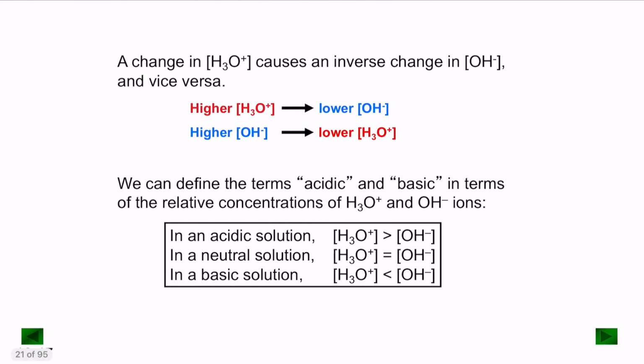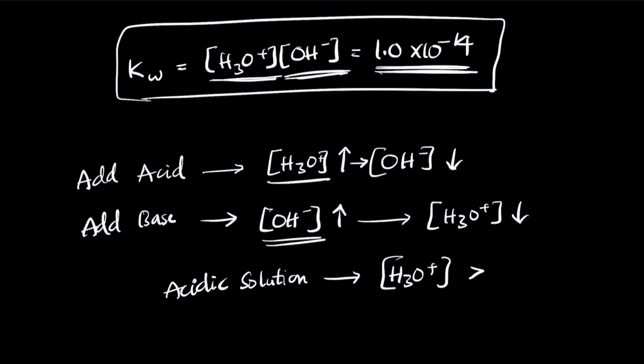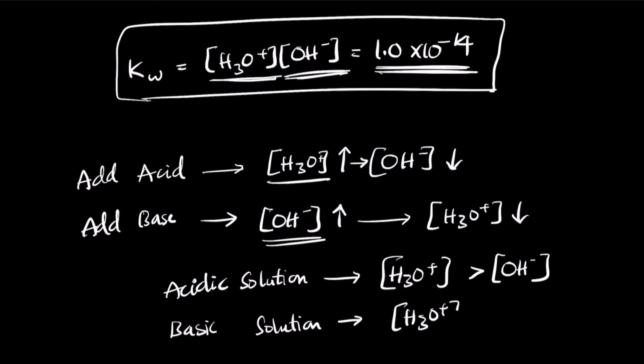Using this principle is how we know whether a solution is acidic or basic. In an acidic solution, the H3O plus concentration is greater than the OH minus concentration. In a basic solution, the H3O plus concentration must be less than the OH minus concentration.